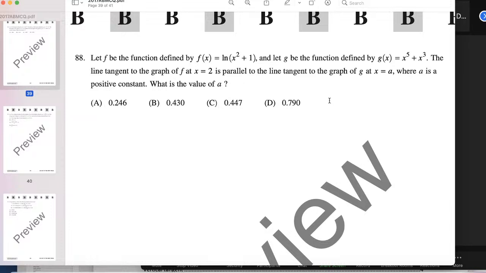So I set 5x to the 4th plus 3x squared minus 4 over 5, and I'll just graph this function. So I graph it.